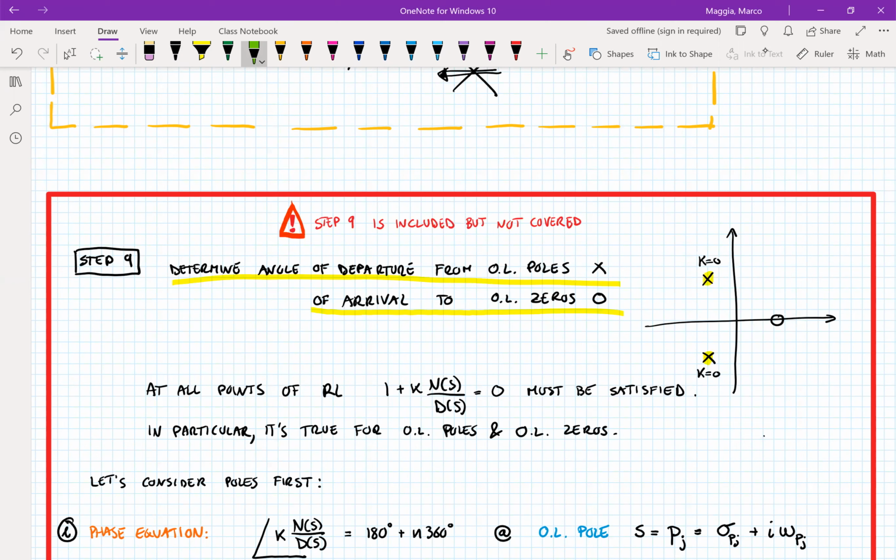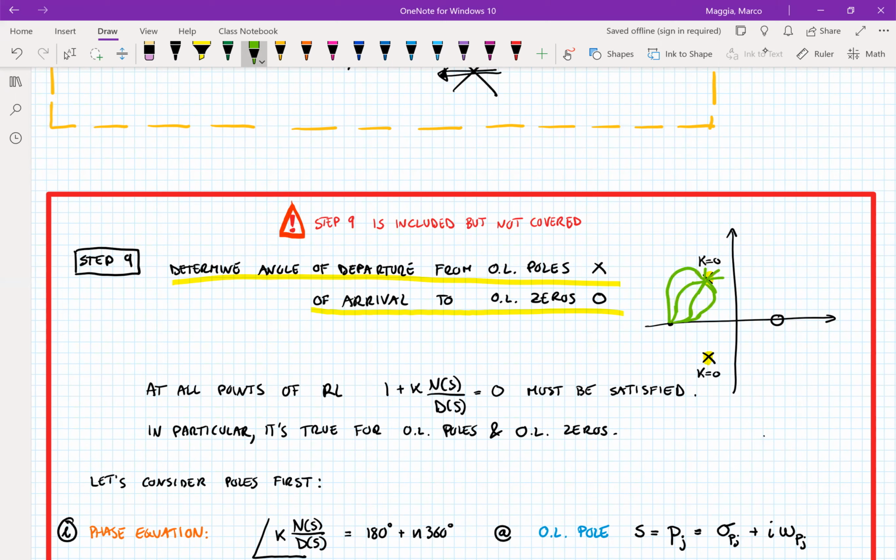But where does the root locus start? Will it start going this way, this way, this way? You have an infinite amount of options. You might know that, for instance, it will end up here, but will it follow this route, this route, this route? So how does it leave the open loop pole?